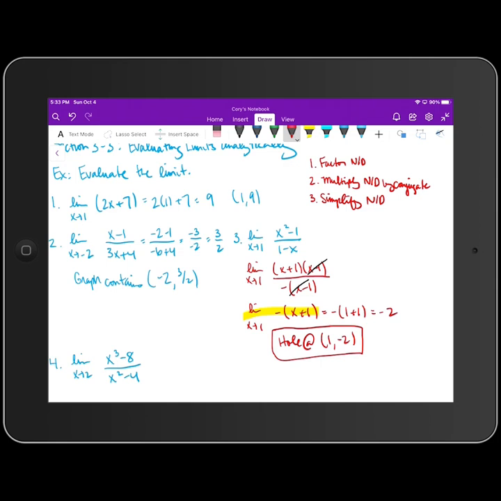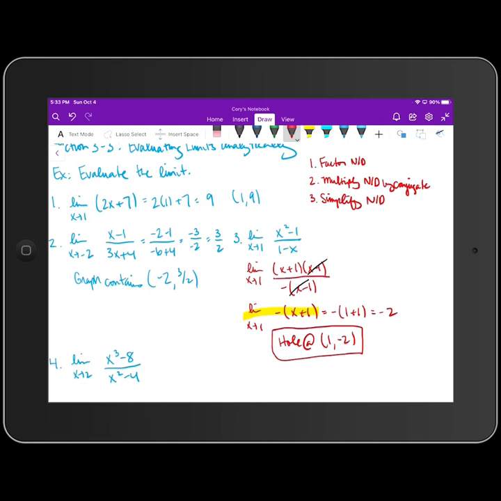And that's going to be really important for you. Anytime you try using direct substitution and you get 0 over 0, that tells you that your graph is going to have a hole. This is how we will see holes represented in limit form.